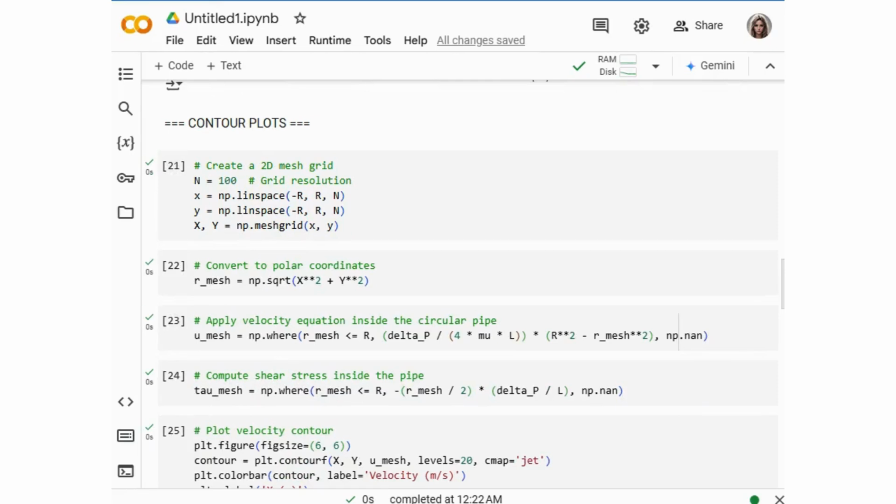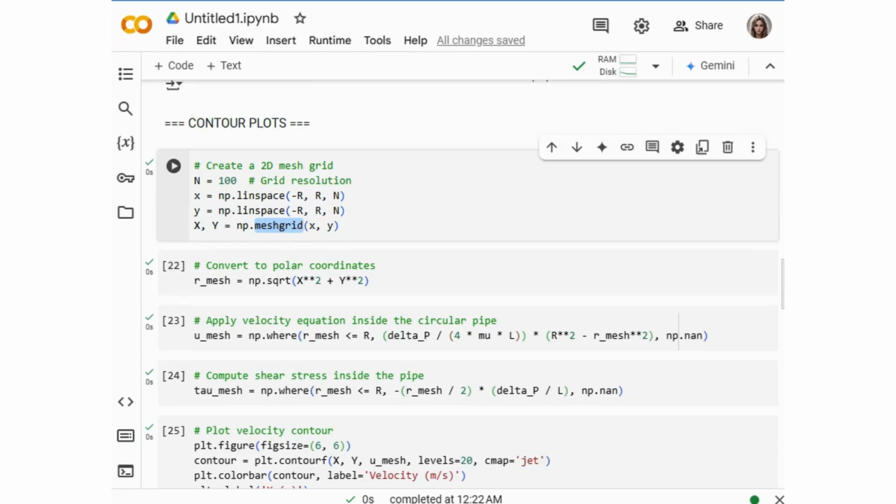Now let us have some contour plots, and for that we need to do some calculations for the mesh grid. To create contour plots, we first design a 2D grid using the np.meshgrid function. We then convert these Cartesian coordinates to polar coordinates since the pipe is circular.